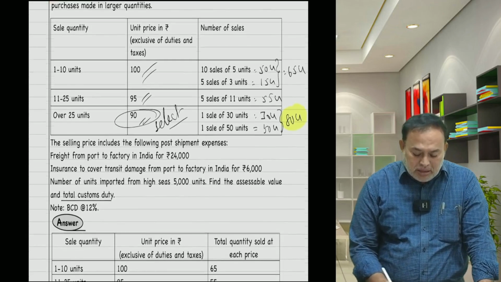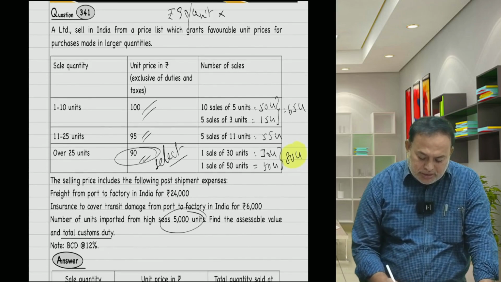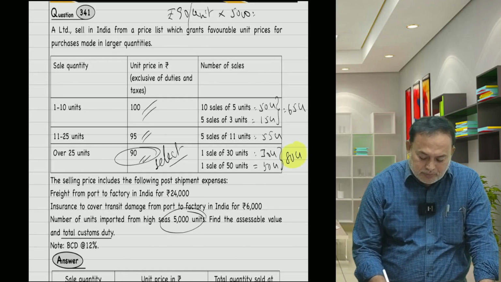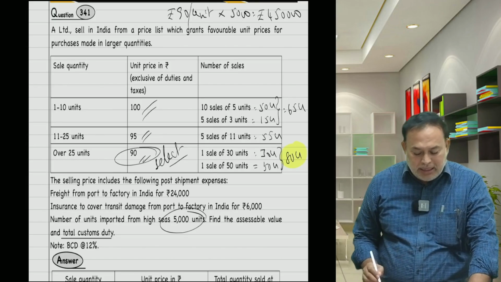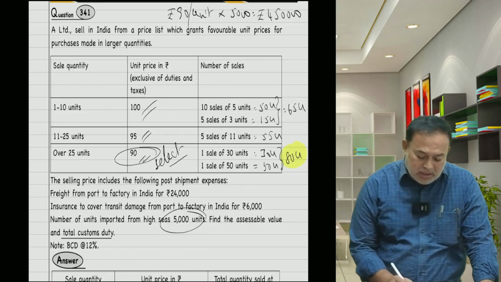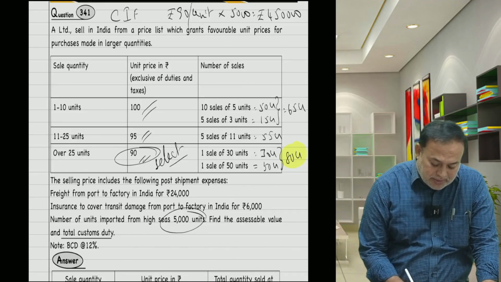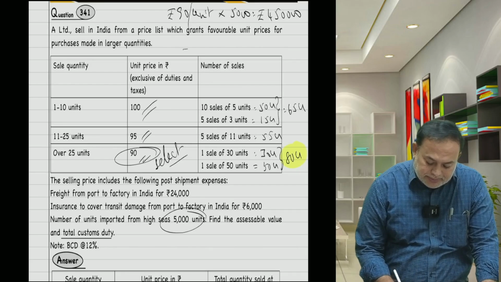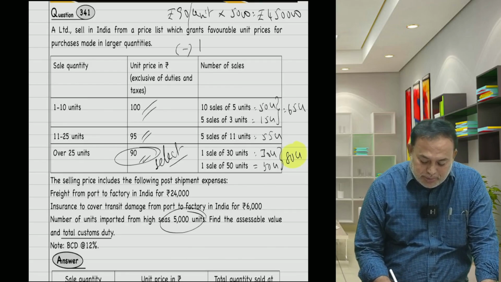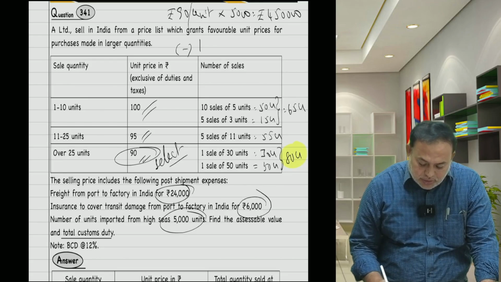We got it, sir. Number of units from high seas, 5,000 units. Then 90 into 5,000 is 4,50,000. Correct? 4,50,000 is our value, that is the selling price. From that deduct post shipment expenditure. What are they? They are given here: freight and insurance.